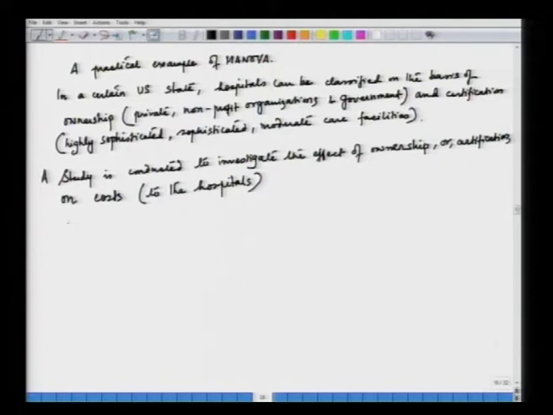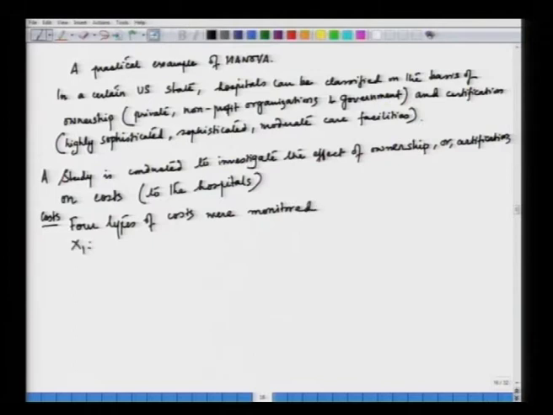So, I said I would introduce the cost factors. Basically 4 types of costs were monitored, and data were collected on them.